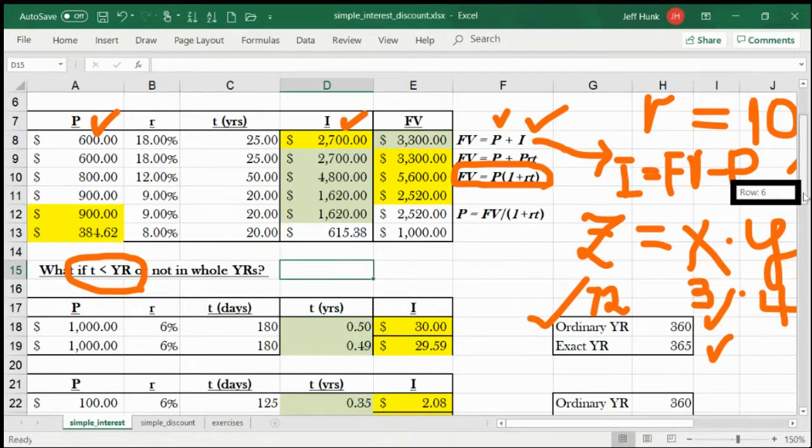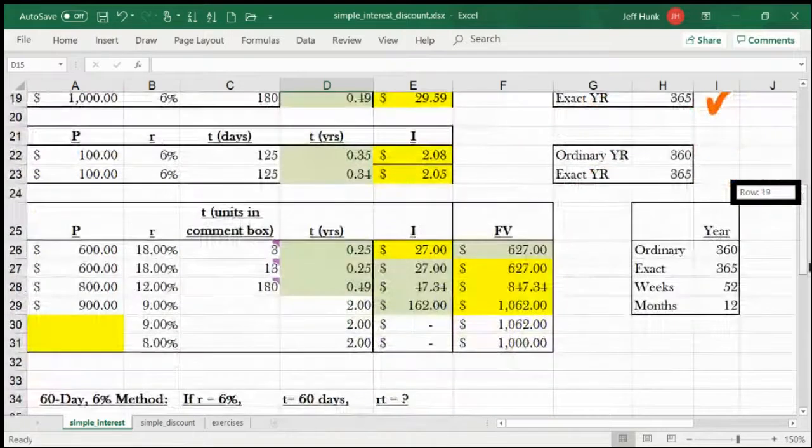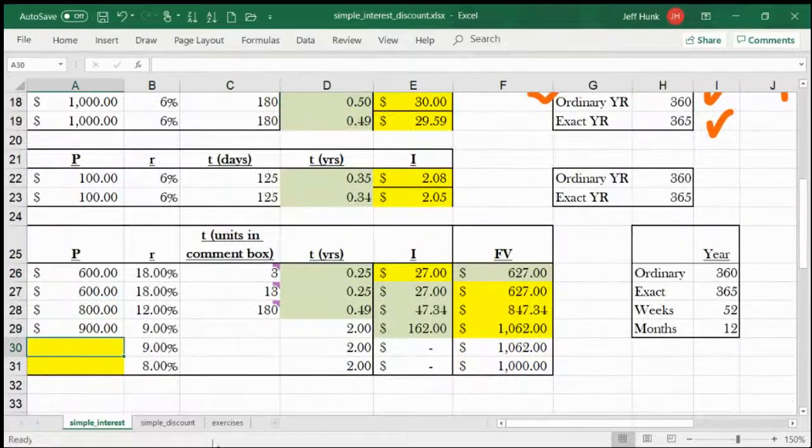Now, let's do this problem as well. We already know it would have to be $900, but let me use, that was also the same problem there.